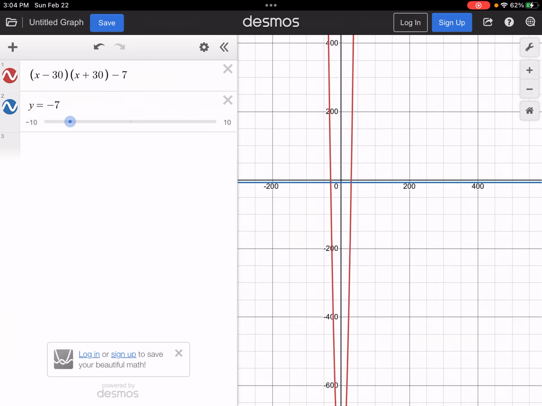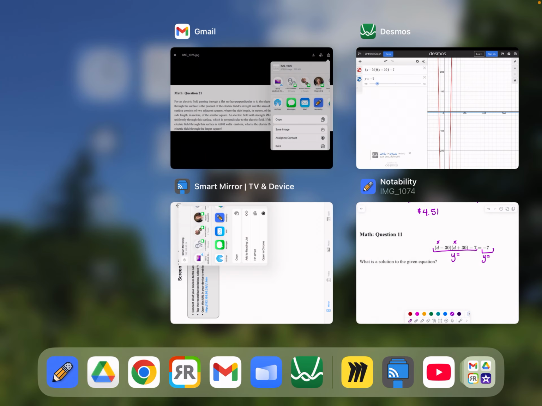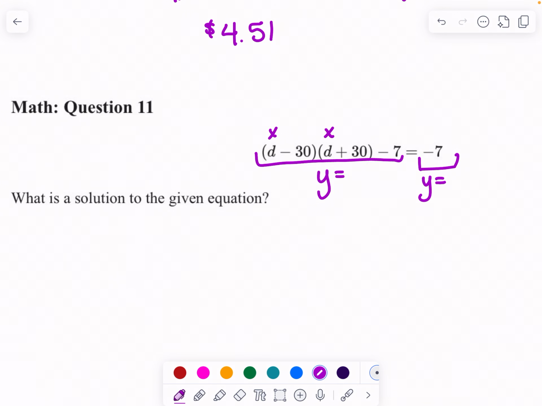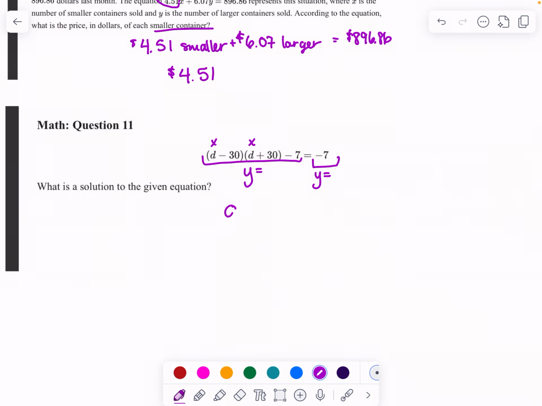Let's double check that I typed everything in right. Yep. So what is a solution to the given equation? Oh, good. So we had D equaled negative 30 and D equaled positive 30. And if it's asking what is a solution, then it only wants one of them.